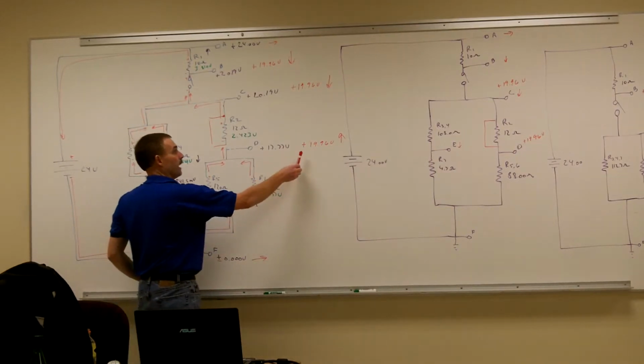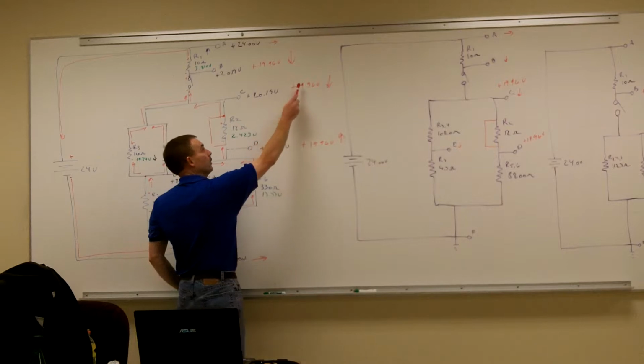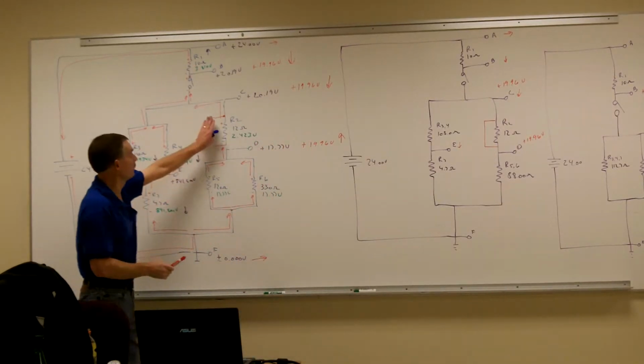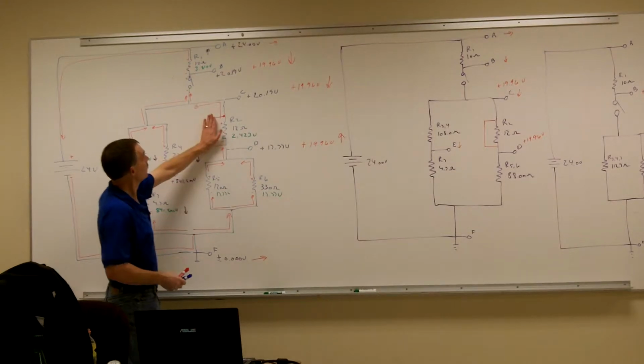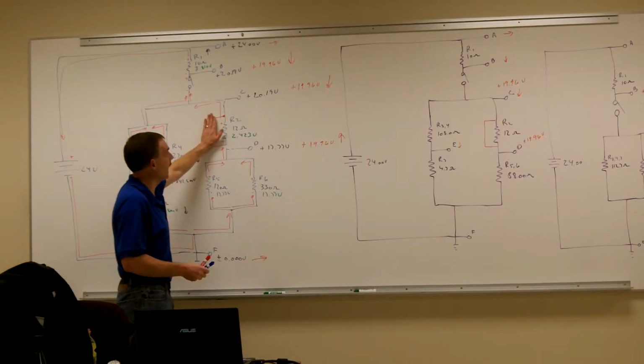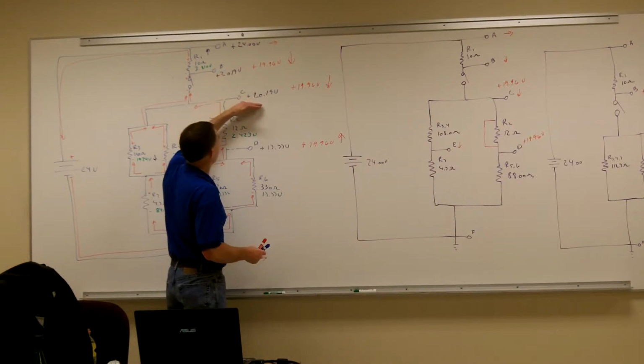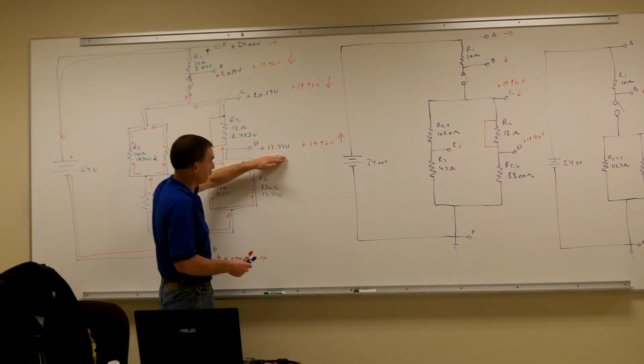Then if I look at what happens to my new test points, let's just say we didn't know that R2 went bad. The schematic tells me what the test point voltages should be.